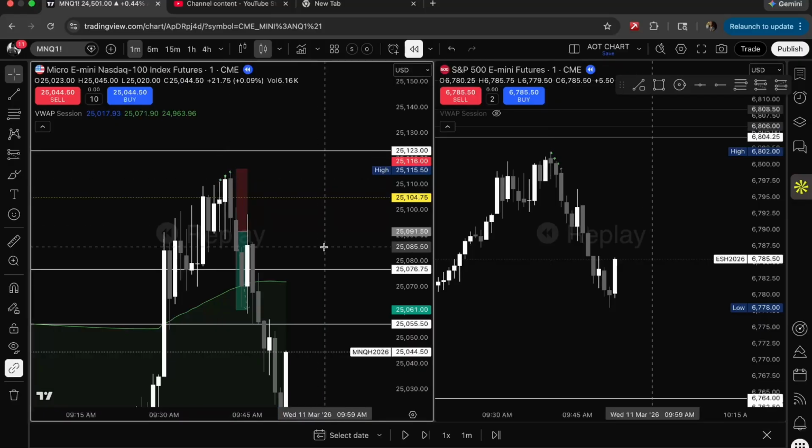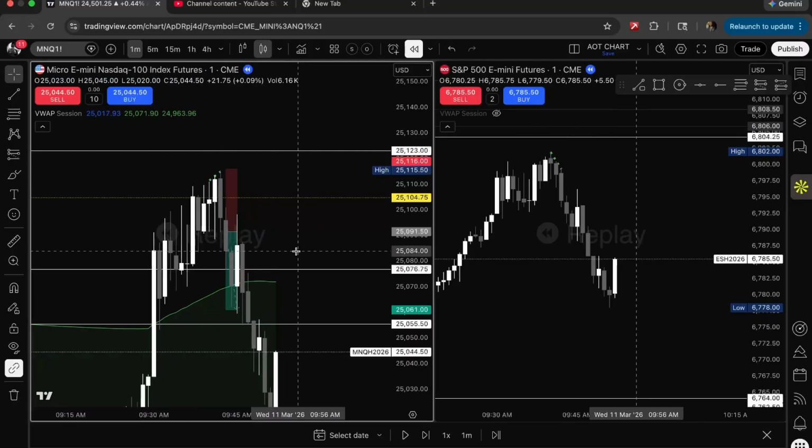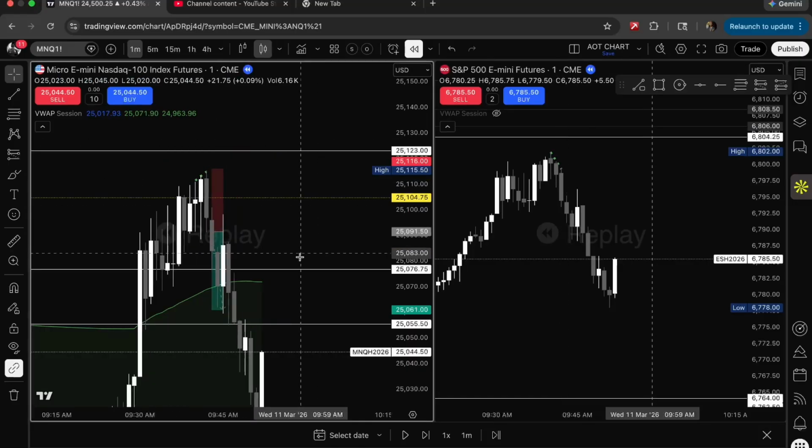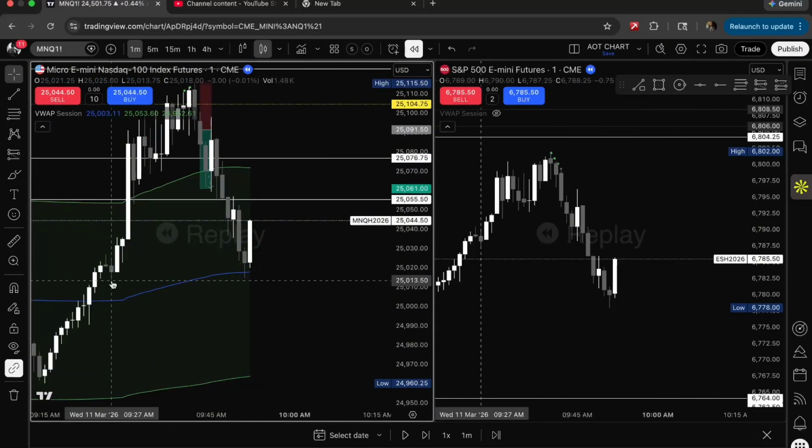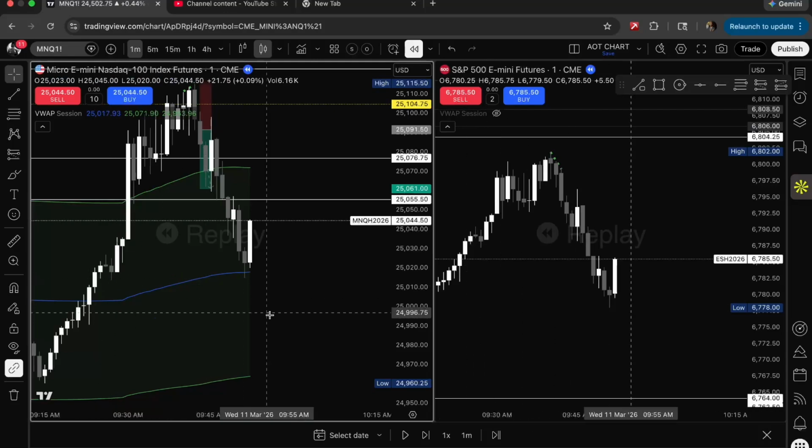See that? And yeah, protect the stop loss right here. Okay, cool.